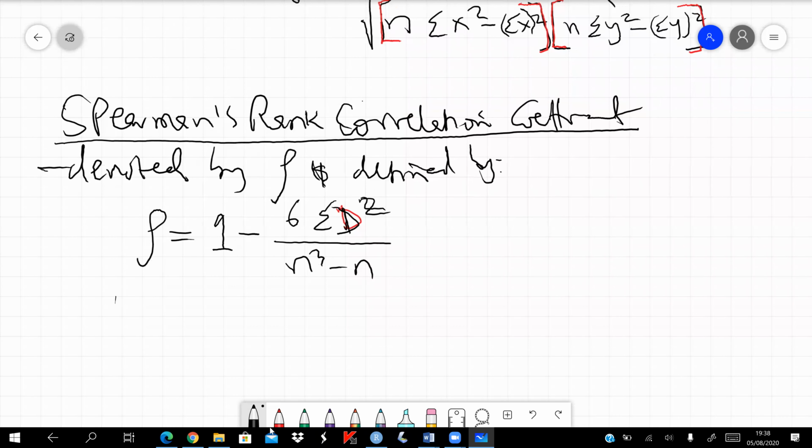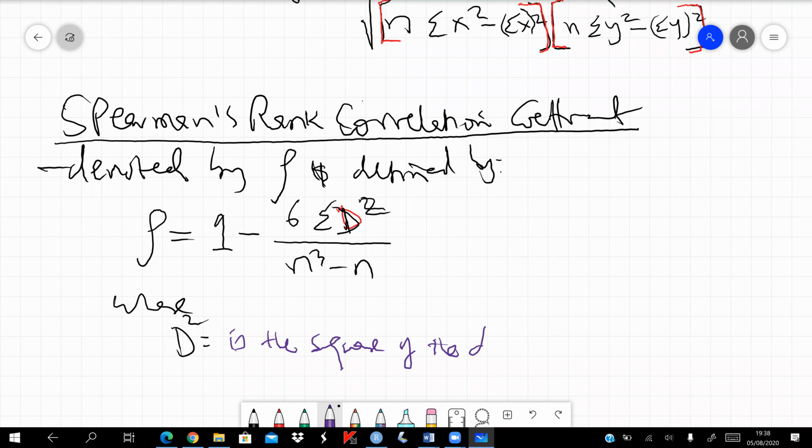So where D squared is the square of the difference between two corresponding ranks.